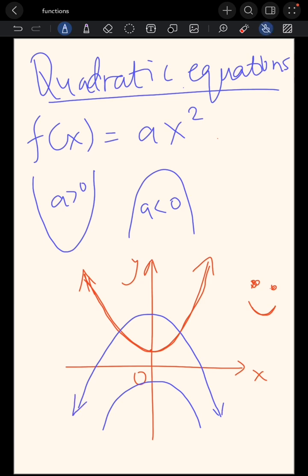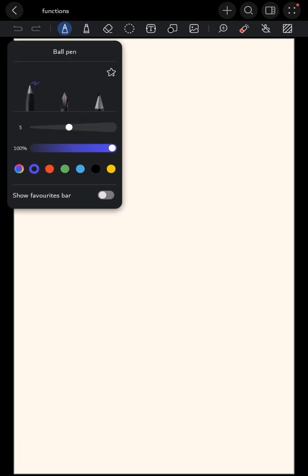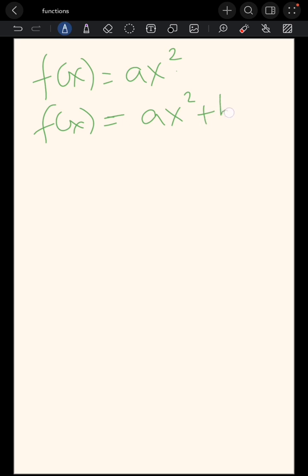All right, so diving deeper into the equations, we have f of x is equal to ax squared. You will remember from the previous chapters that we had equations that look like this: f of x is equal to ax squared plus bx plus c.